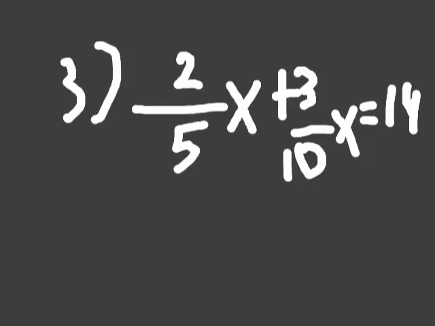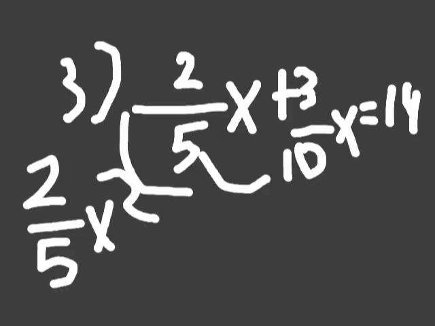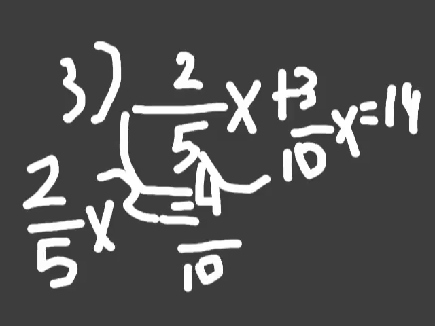So the first thing you would have to do is convert 2/5 into tenths, since 5 goes into 10, so they would share a common denominator. So 1/5 would equal 2/10, so 2 times 2 equals 4. So 2/5 would equal 4/10.